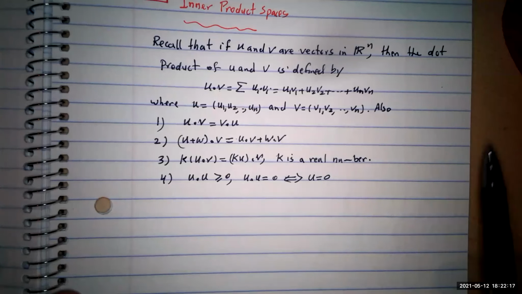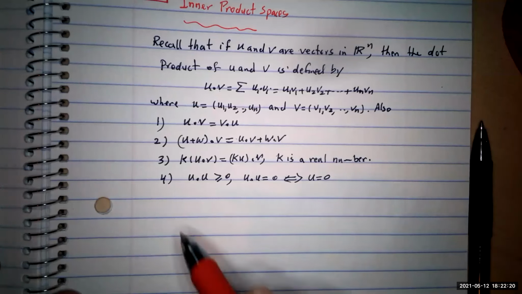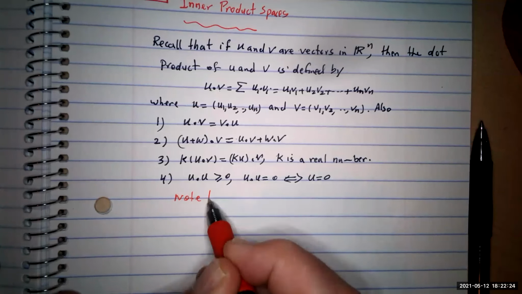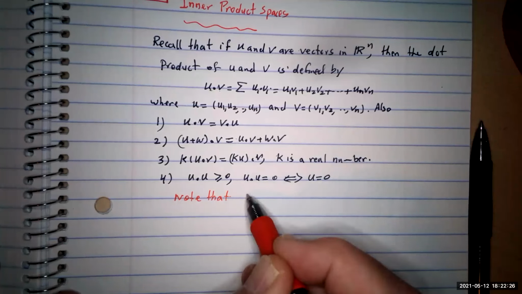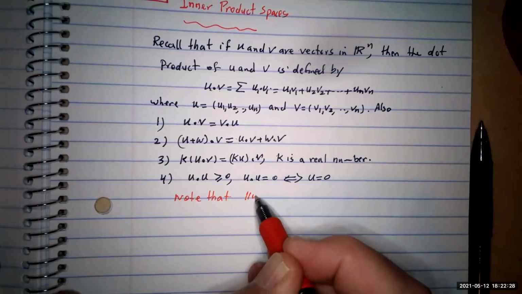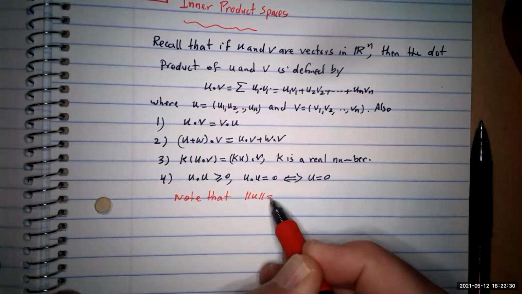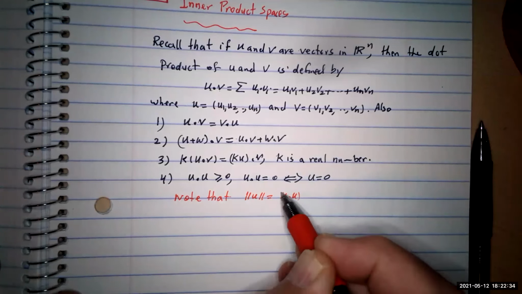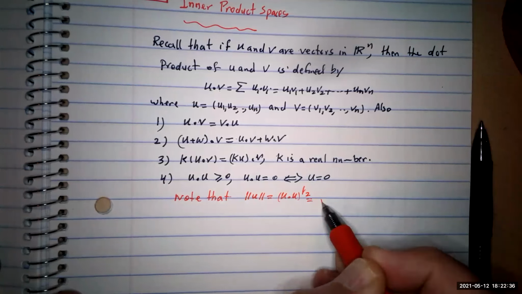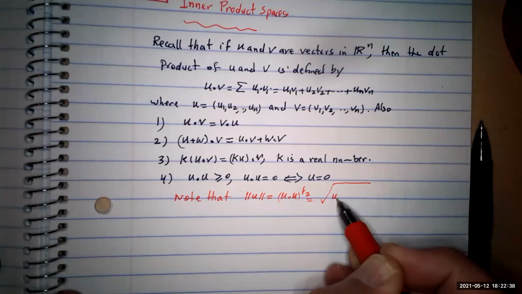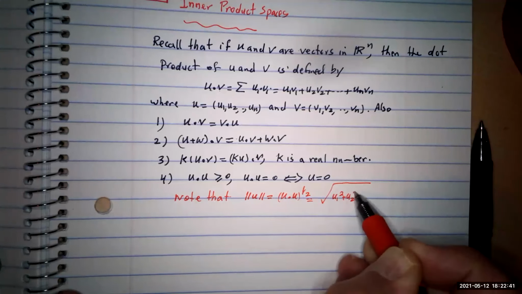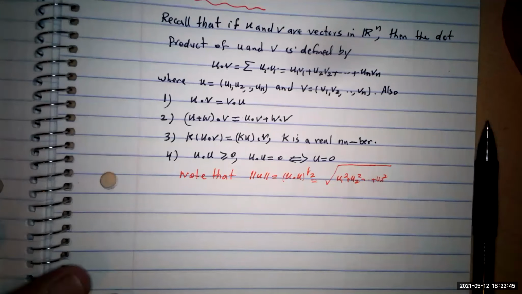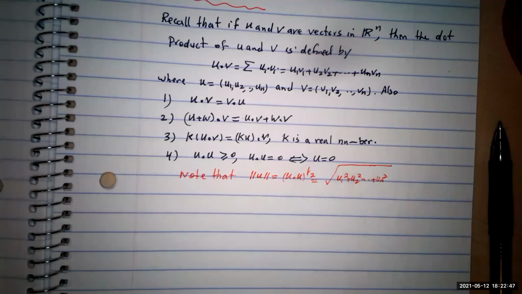Just to remind you, we defined the norm of u to be u dot u to the half, the square root, which is the square root of u1 squared plus u2 squared up to un squared. This is what we did: we introduced the norm.